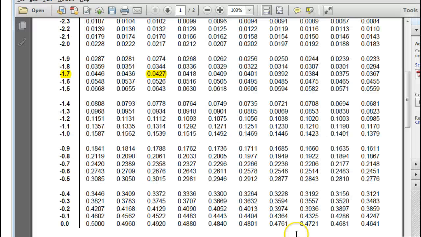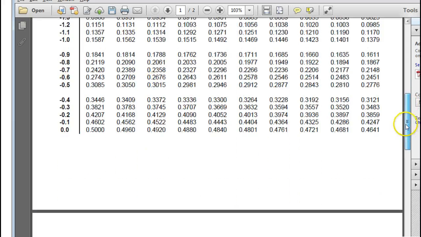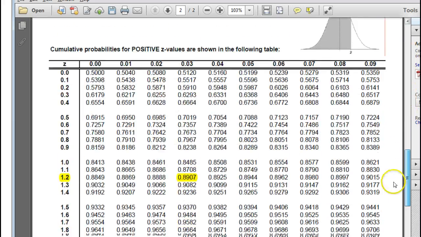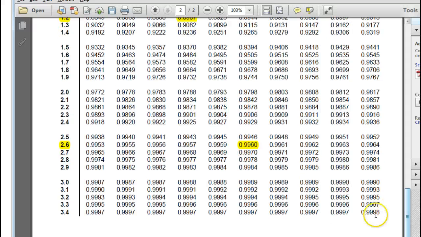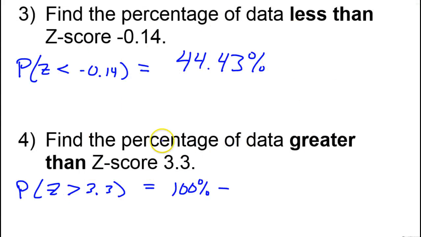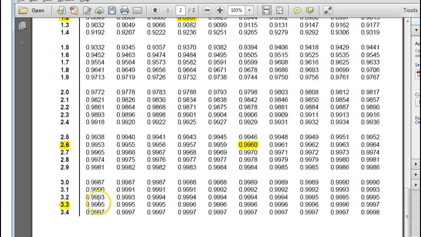Anyway, 3.3. So we're on the chart, looking for the 3.3. It's almost to the end of the chart. So here's 3.3 right here. Oh, it's 3.3 with no extra decimals on it. So that means 3.30.